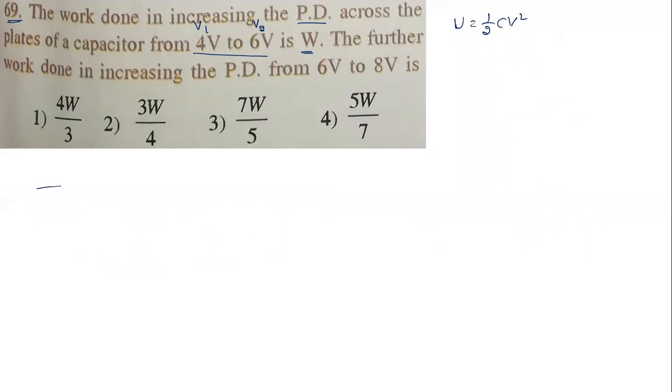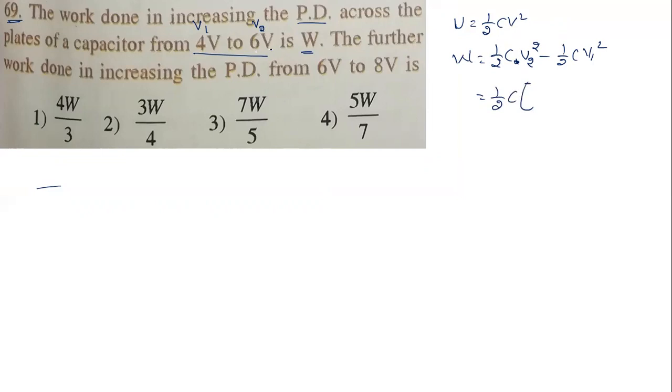So W is equal to half C V2 square minus 1 by 2 C V1 square. So 1 by 2 C I'm going to take common.